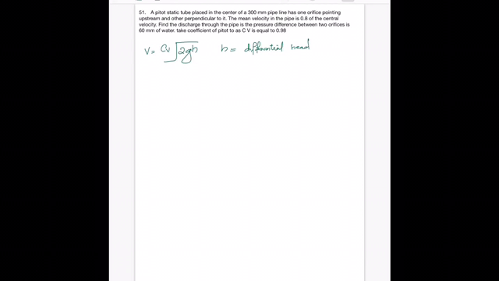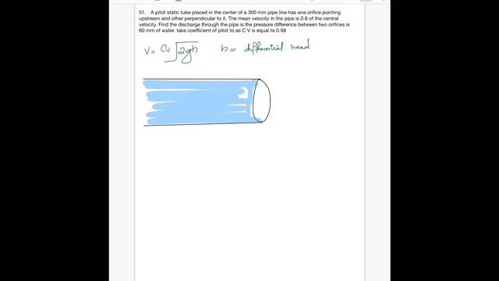So in the question, we have a pipe of 300 mm diameter, and some fluid is flowing through the pipe, and a pitot static tube is attached to the pipe.